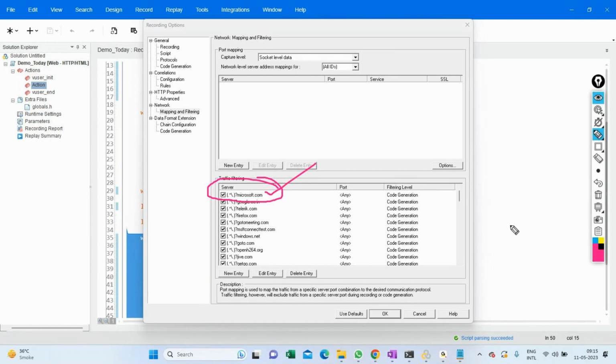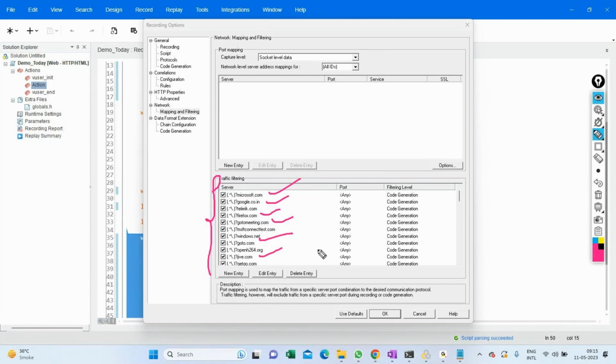Whenever you record any application, there might be some domains which are not related to your application. You just have to uncheck them and regenerate the script, and all those domains will get added to this filters list. So the list will keep on adding. Like you see firefox.com, gotomeeting.com, gotomeet.com, live.com, google.co.in, microsoft.com. These are all unwanted domains for our application.